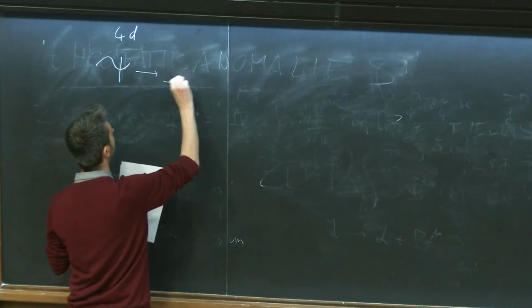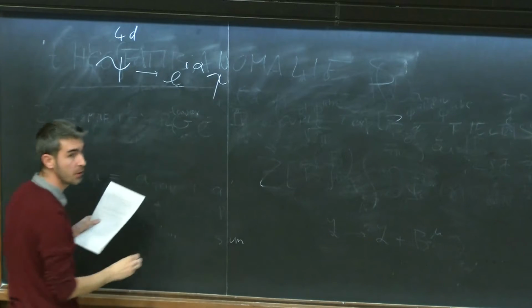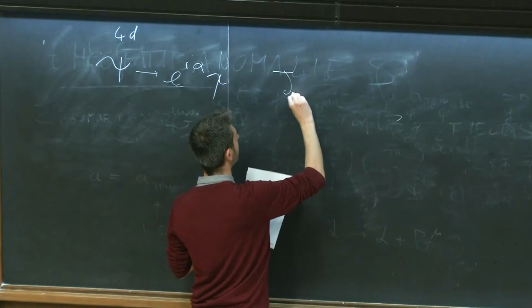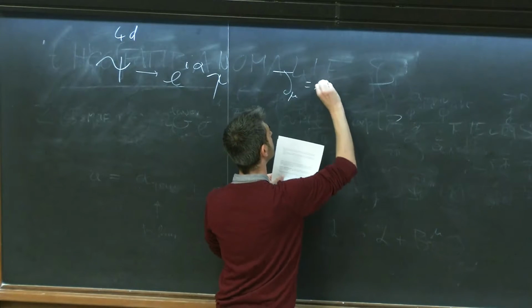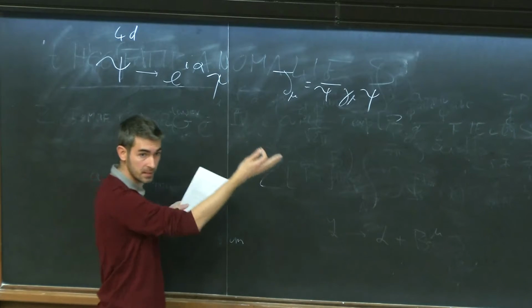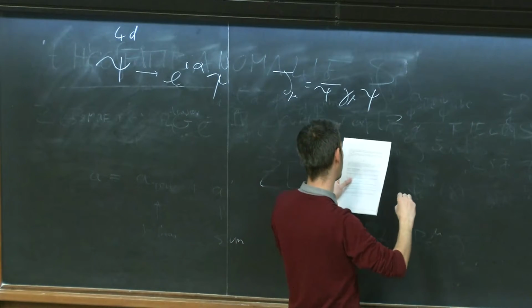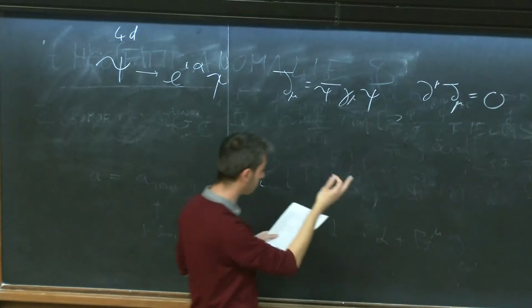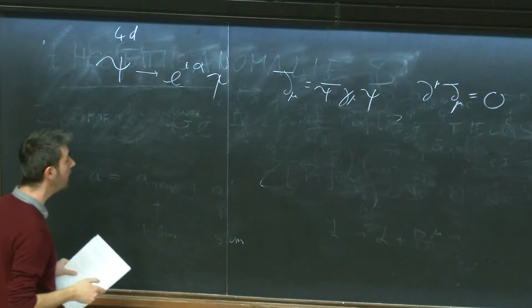Okay, there is a symmetry that rotates this fermion. And since there is a symmetry, there is a current. The current is conserved. The symmetry is really there, no doubt about that. This operator is conserved.